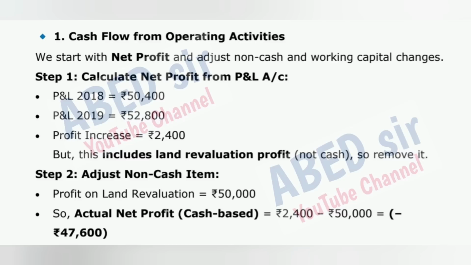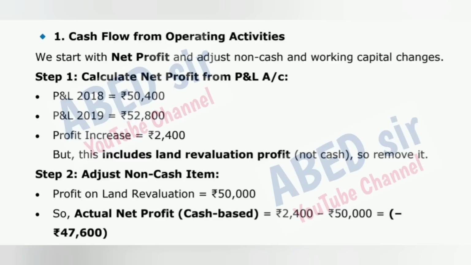Step 1. Calculate net profit from the P&L account. P&L 2018 is equal to 50,400 rupees. P&L 2019 is equal to 52,800 rupees. Profit increase is equal to 2,400 rupees.